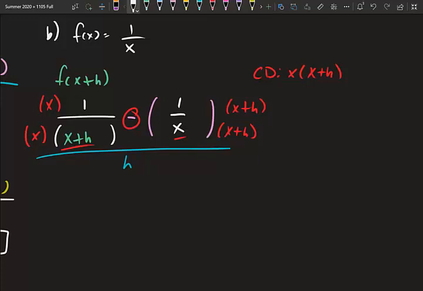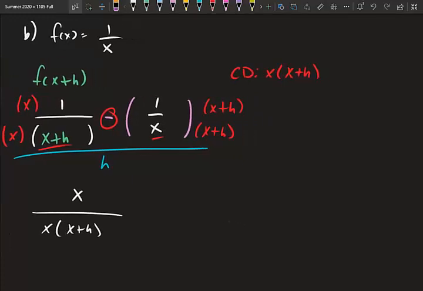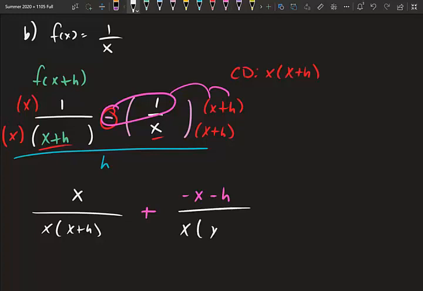So we have x times 1 is x over x times x plus h. And that's minus, actually, let's just do this now. We have a negative 1. That's a negative 1. So we have to multiply a negative out. And when we multiply a negative out, this becomes positive, and on top we'll have negative x minus h over x times x plus h.